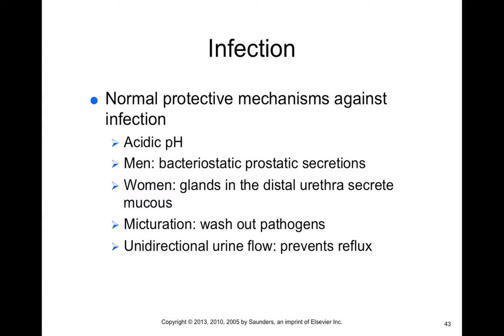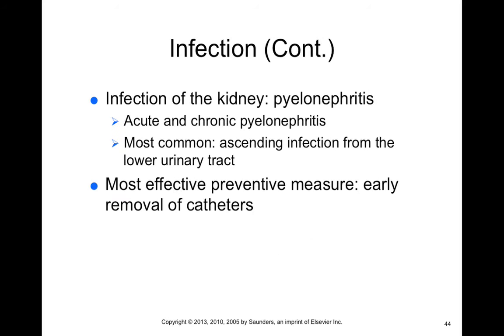And if those bacteria are able to travel backwards toward the more superior portions of your urinary tract due to reflux, that can make you more prone to infection. So having unidirectional urine flow is an important protective mechanism against kidney infection, or pyelonephritis.